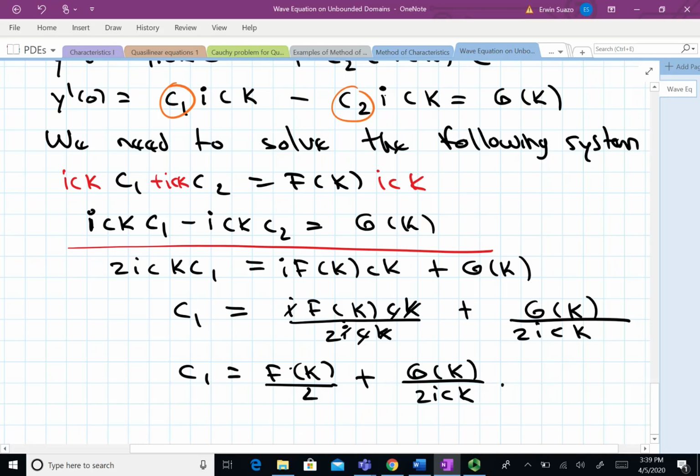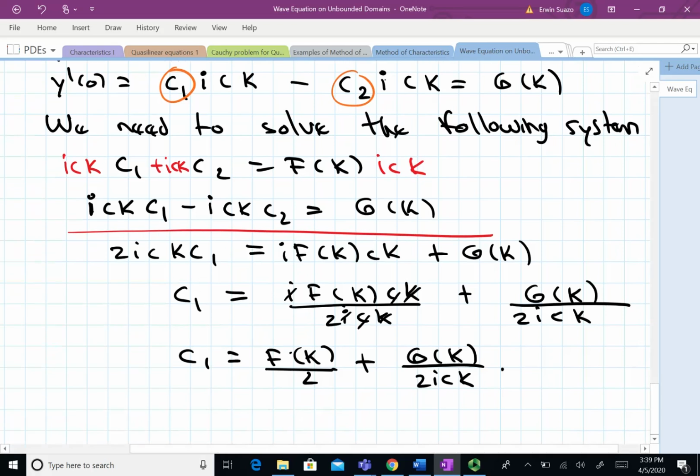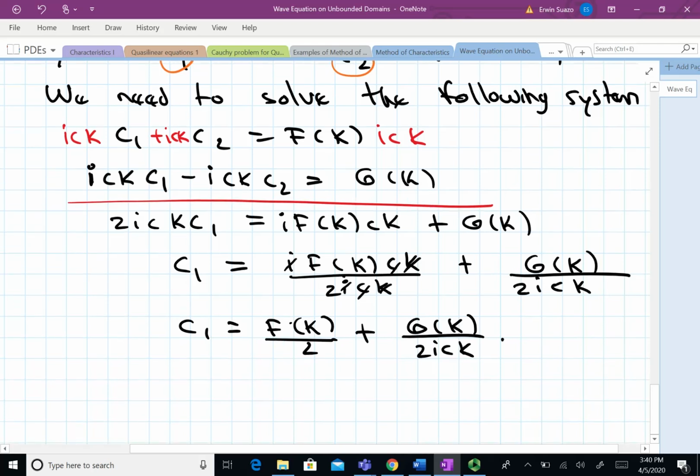To find C2 now, I don't know if I should leave this for you to do yourself, but let's do it, so you cannot complain that I didn't do the whole formula. Now I need to find C2. Remember I have C1 plus C2 equals f of k.